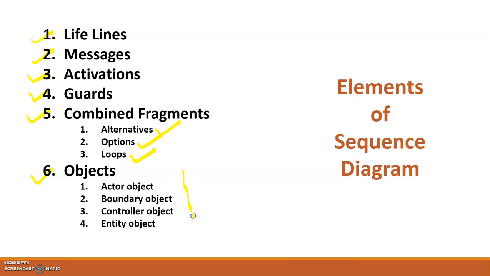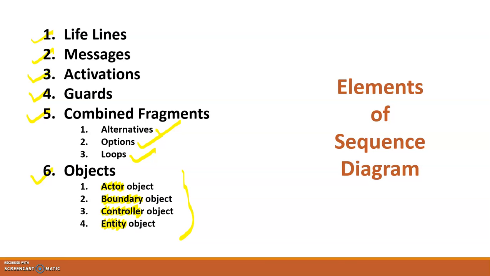And 4 different types of objects we have. Your object can be an actor, it can be the boundary, it can be the controller, and it can be the entity. Any one object from these 4 can be used.